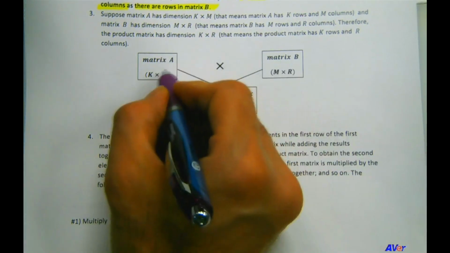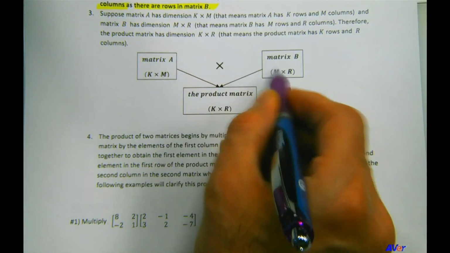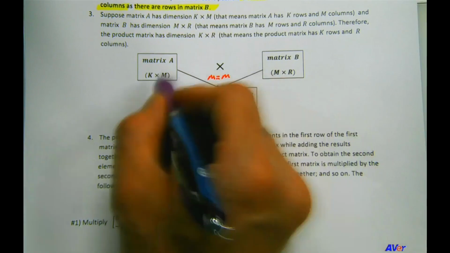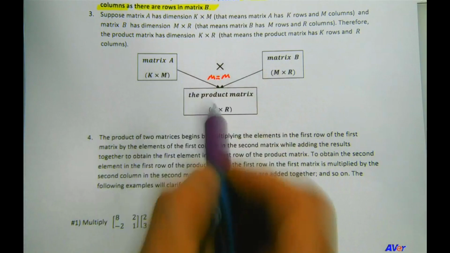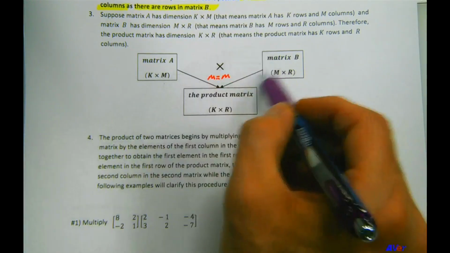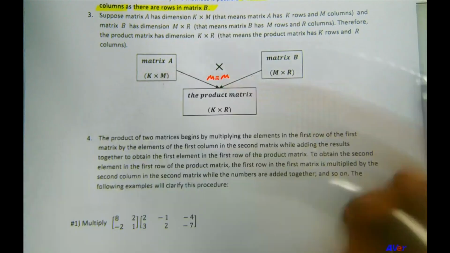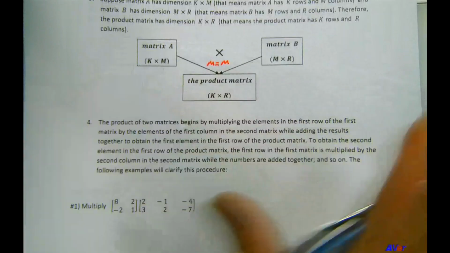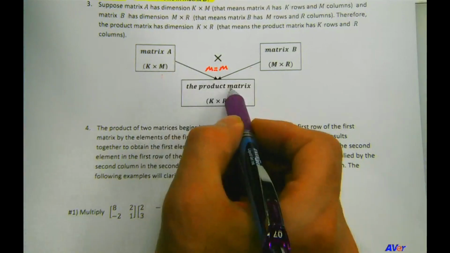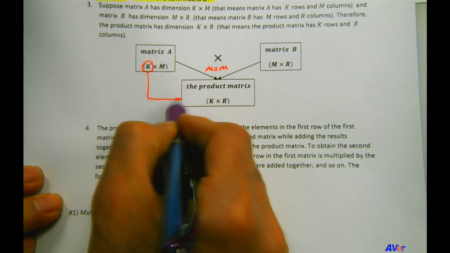Notice the number of columns in A is equal to the number of rows in B. So m equals m. That means the product is possible because the number of columns in the first matrix is equal to the number of rows in the second matrix, right? M and m. So the product is possible. Now, what is the size of the product matrix? The size of the product matrix is k times r.